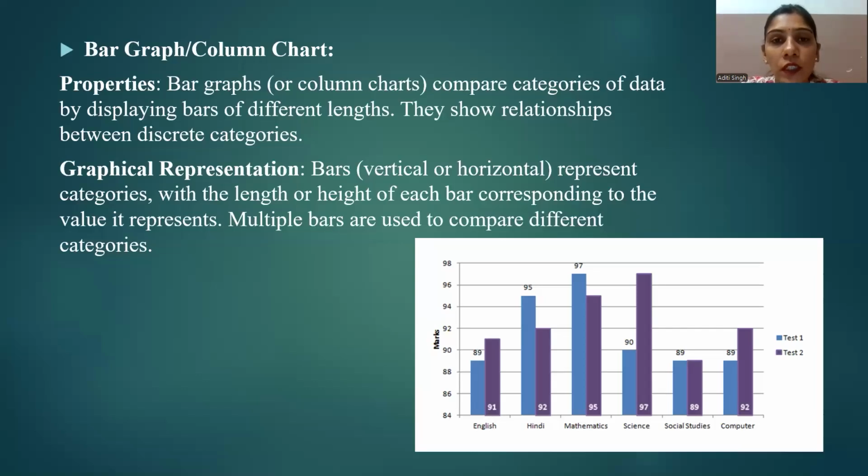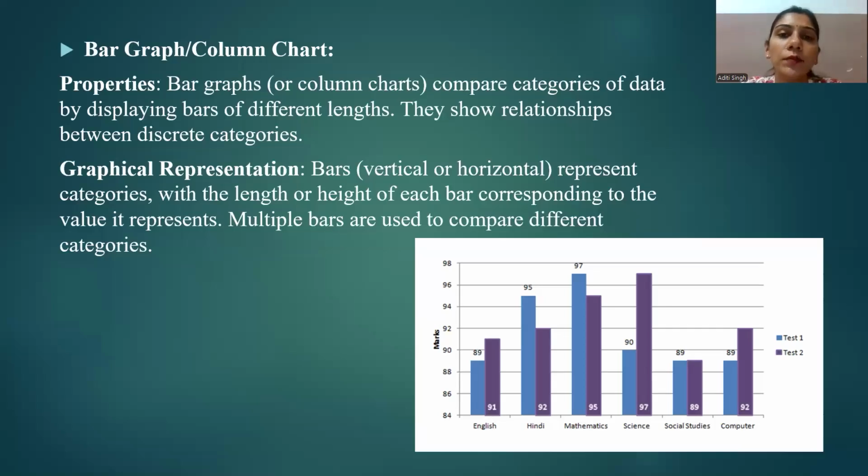The purpose of this equal width is that it should be clean and neat, so that anyone can understand it easily. After that, the height of the bar should correspond to the value of the data.